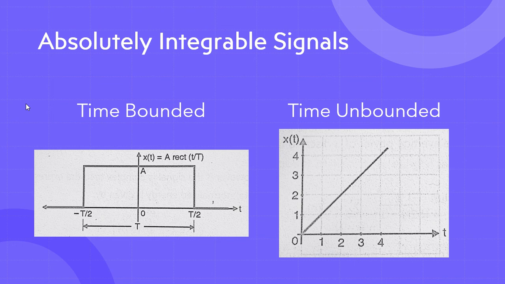After that, the classification part of the signals will be over, and we'll be discussing some very important signals which we normally use while doing any kind of signal processing operations. So without further ado, let's get started on absolutely integrable signal.